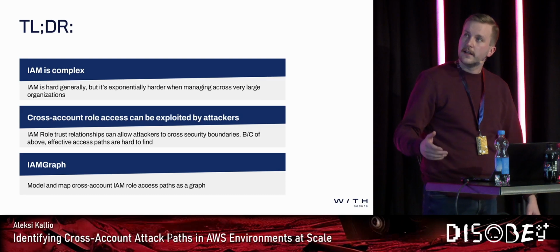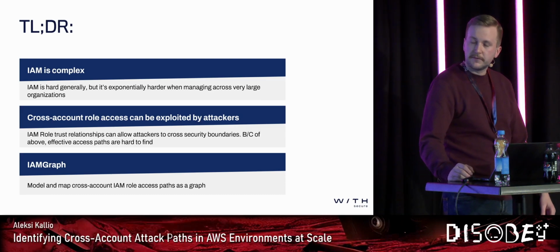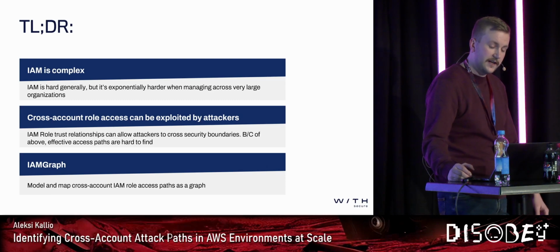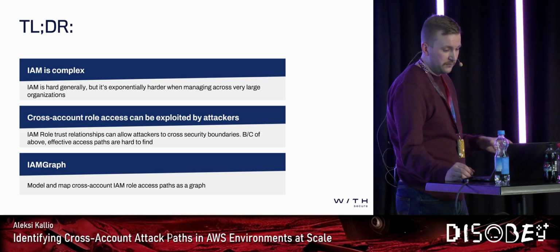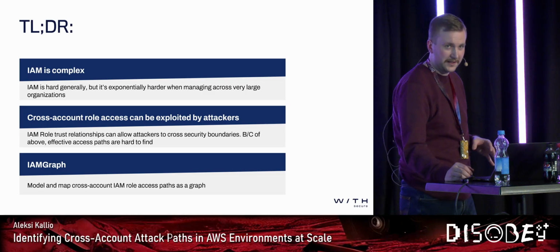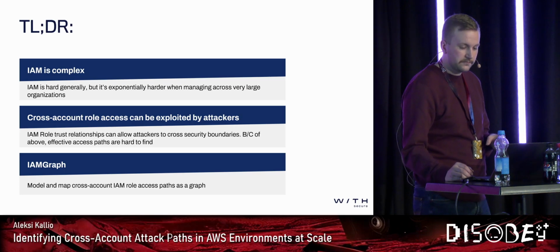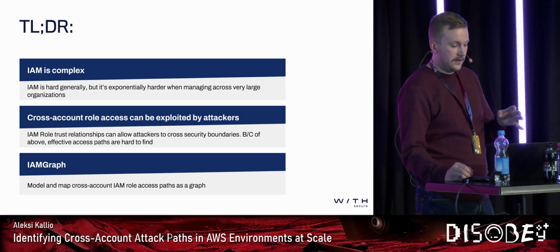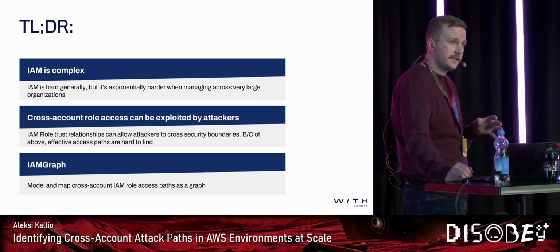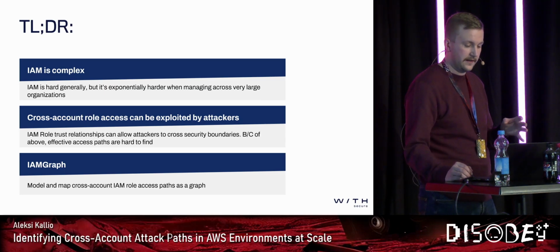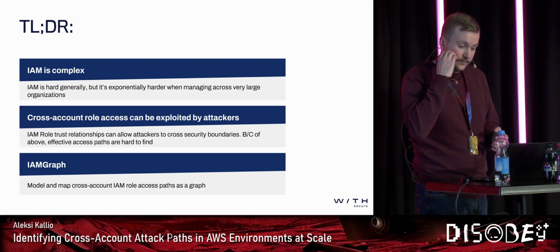So here is a quick TLDR of what we are talking about. AWS IAM is pretty complex. It's complex even in small environments, but it's especially complex when we are dealing with large environments with multiple accounts. IAM role trust relationships can create some interesting attack paths in AWS environments that could be exploited by attackers.